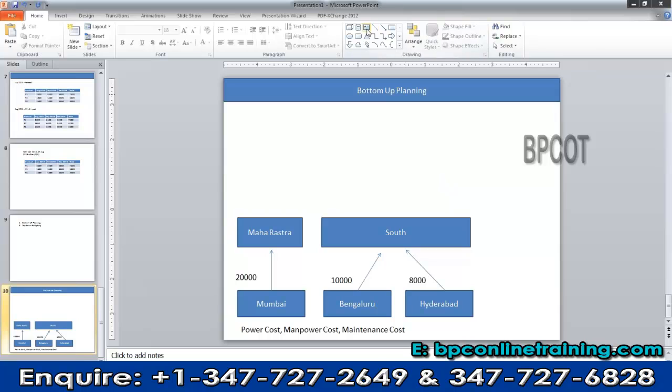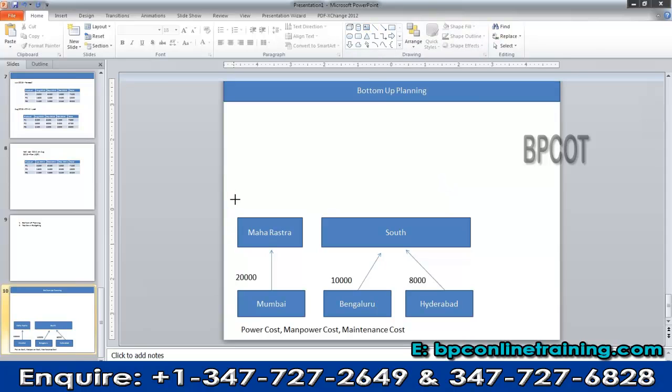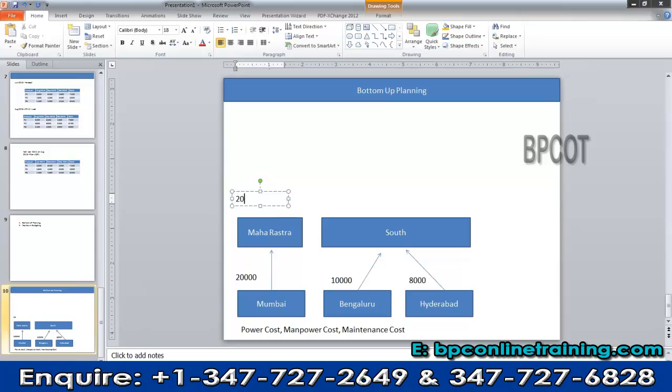So what is the Maharashtra estimated plan now? 20,000 plus this particular circle will have their own expenses, right? When I say Maharashtra circle, that circle will have some headquarters and some employees. They have their own tea cost or canteen cost, whatever. They estimated their cost as $5,000.